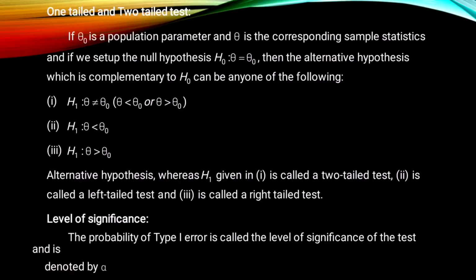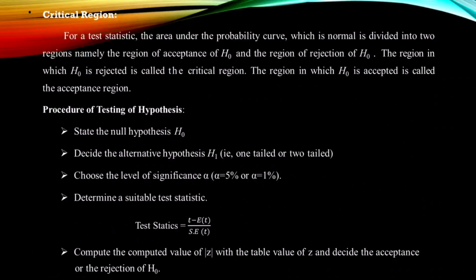Second one is theta is less than theta naught, and the third one is theta is greater than theta naught. So the alternative hypothesis given in the first is called the two-tailed test, the second condition is the left-tailed test, and the third is the right-tailed test. Here the level of significance alpha will be considered for solving the problem.